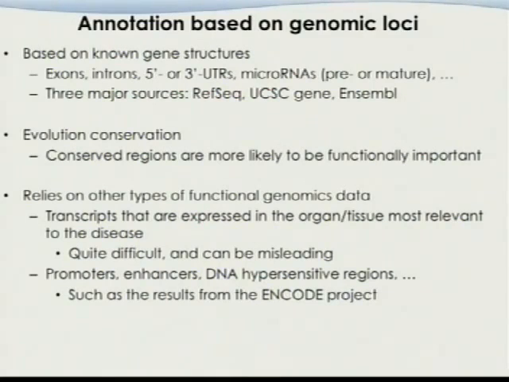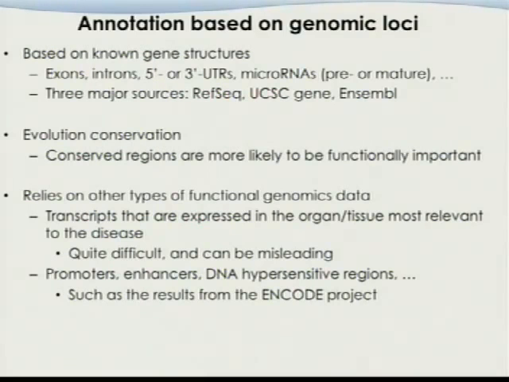That's important. And also the DNA hypersensitivity regions, where, as molecular biologists know, there are most likely a lot of transcription factors or other DNA binding proteins working to carry out biological functions. So based on genomic loci, there are the known gene structures, which are straightforward, and evolutionary conservation.